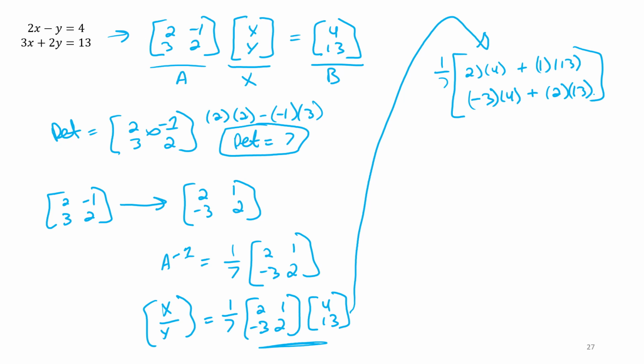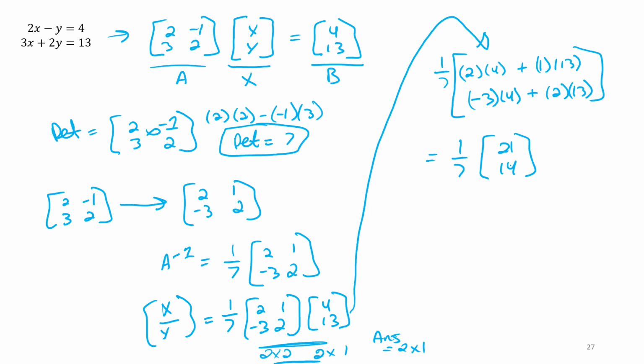And if you remember, we have a 2 by 2 and then a 2 by 1. And since these middle inside numbers are the same, we can multiply these matrices, and our answer matrix would be a 2 by 1. So when you put that into your calculator, you would get 21 and 14.